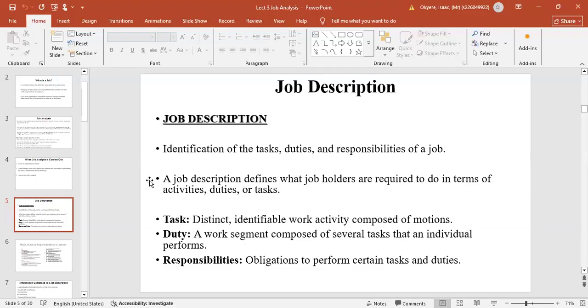Duty is defined as a work segment composed of several tasks. 3, responsibility. What is responsibility? Responsibilities are known as the obligations, what you are expected to do. The obligations to perform certain tasks or duties.